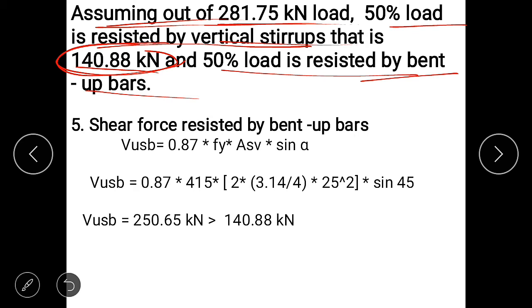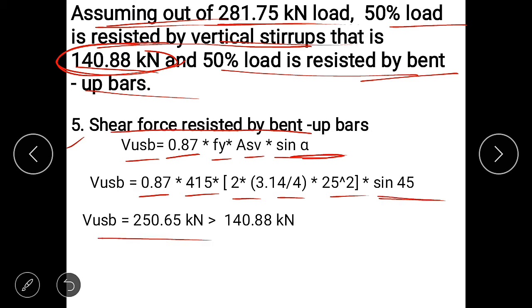Next we have to find the shear force resisted by bent up bars. VUSB means bent up bars. The formula is 0.87 Fy into ASV into sin alpha. So 0.87 Fy is 415. ASV we consider here as 2 into pi by 4 into d square, and sin alpha with the angle considered as 45.